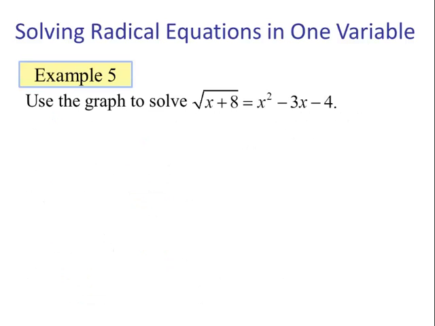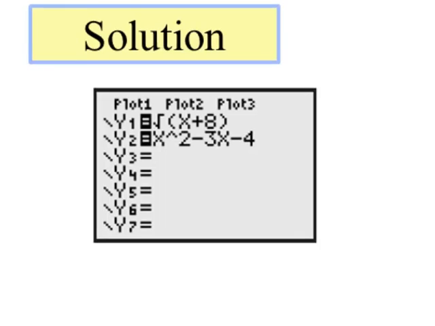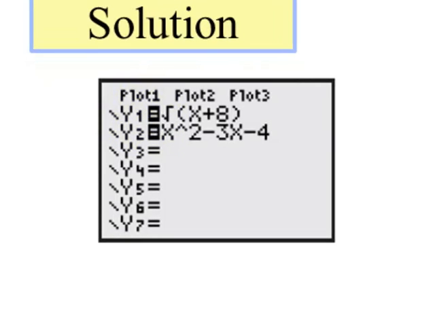Example 5. Use the graph to solve the square root of x plus 8 equals x squared minus 3x minus 4. So we're going to solve this graphically, not algebraically. Solution. We type in the left-hand side of the equation in y1 and the right-hand side, the quadratic equation, in y2.